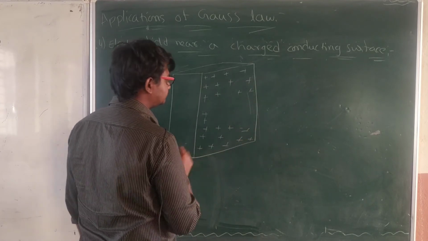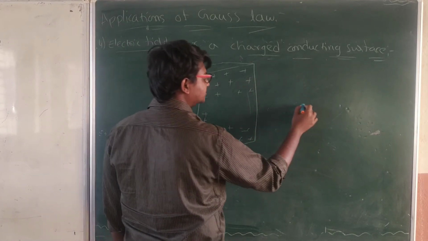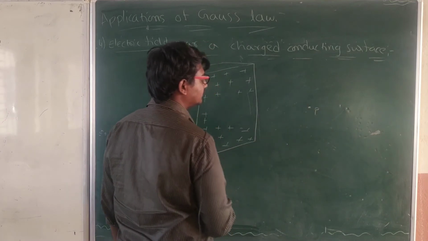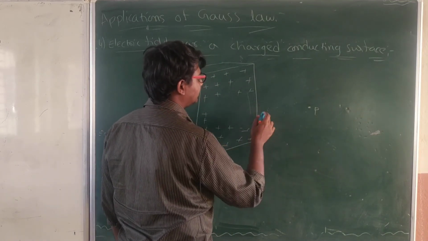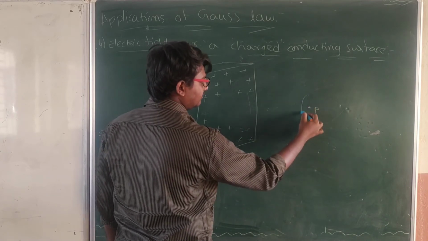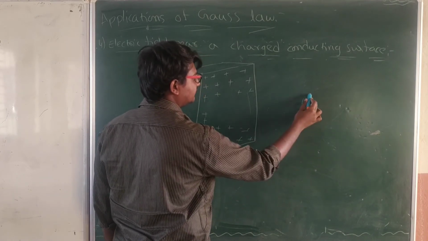And now here I am considering a point P which is nearer, not so far away, which is near. And from here I am considering a Gaussian surface like this.